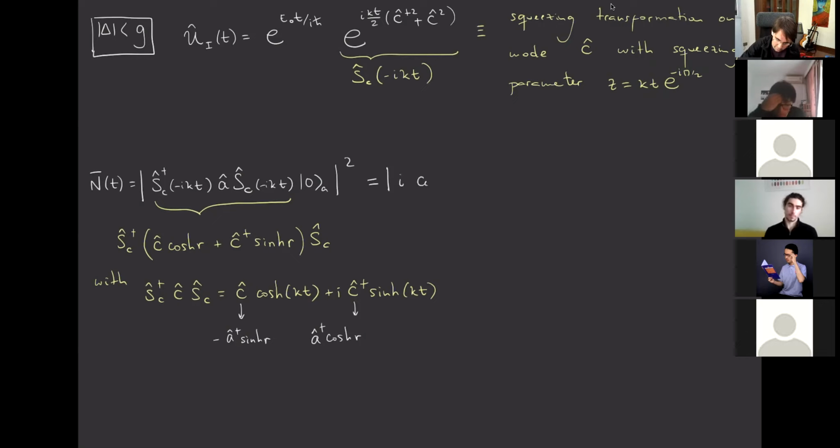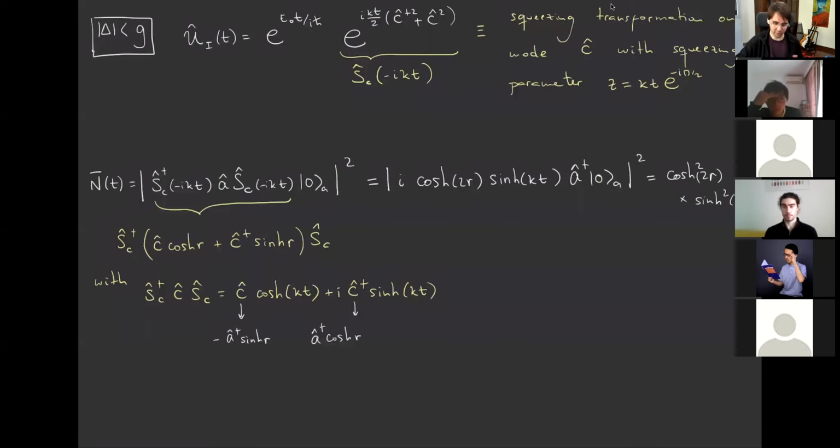This is the cosh of 2r, the hyperbolic sine of kappa t, and then again we get just A dagger acting on the vacuum state. So the final expression is just the cosh square of 2r times the sinh square of kappa t.